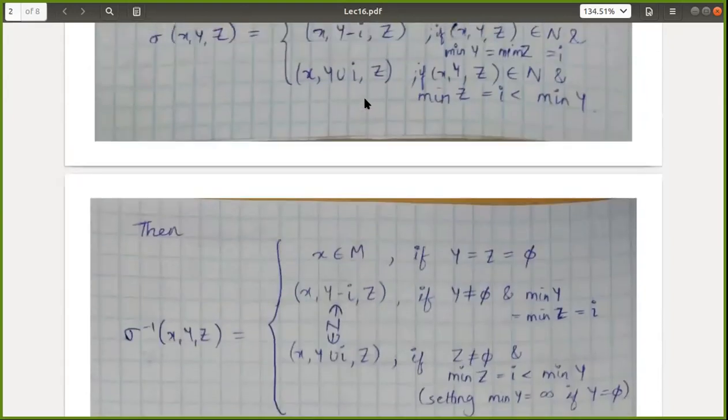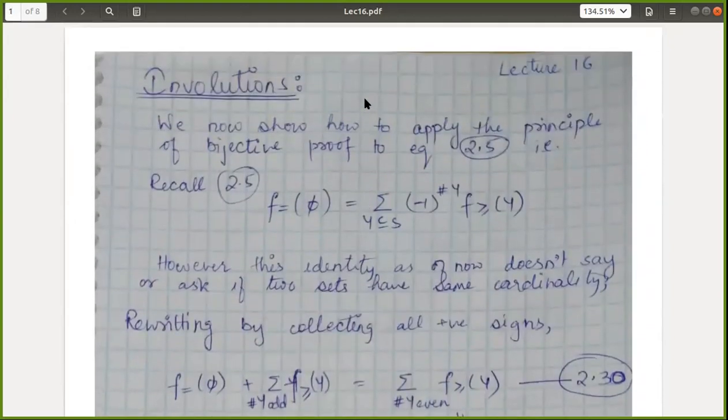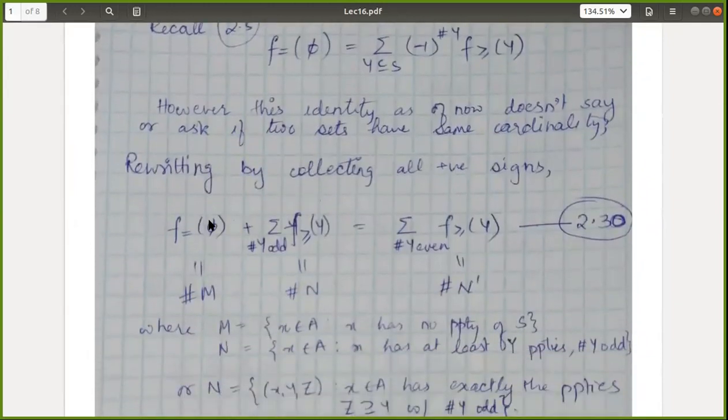So all the elements that appear here, all the elements that contribute to this or this or this, every element can contribute to exactly one of these, every element of A. Isn't that so? Yes.